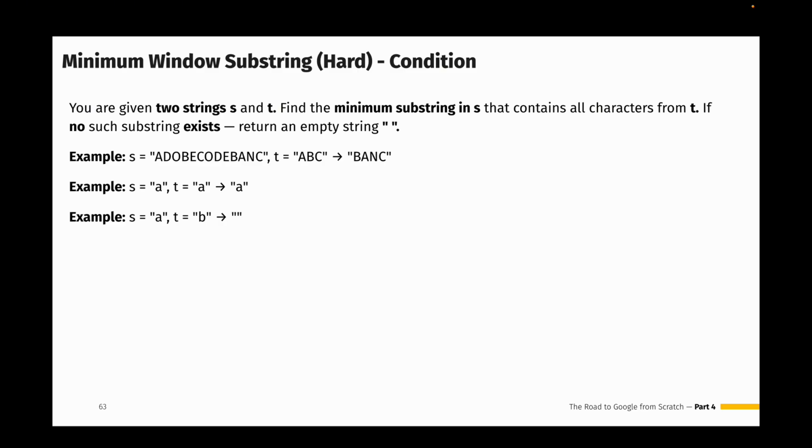And below we have some examples where we have a string, let's say A, D, O, and so on. And the second string which we want to find in this longest substring is A, B, and C. And the result should be B, A, and C from here.